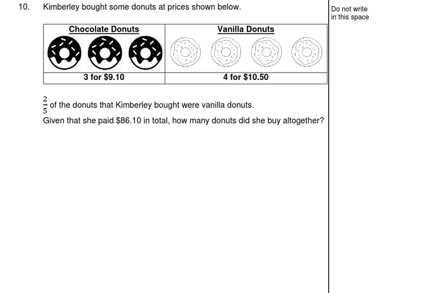Okay, the chocolate donuts are sold at 3 for $9.10. And the vanilla donuts are sold at 4 for $10.50. Okay, so 2/5 of the donuts were vanilla donuts, right?